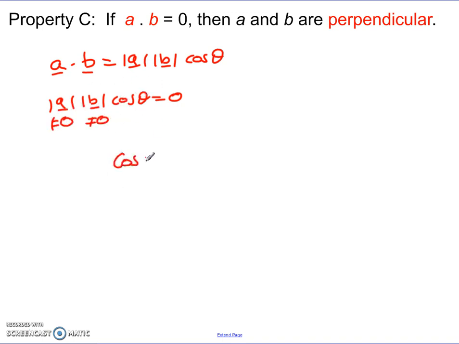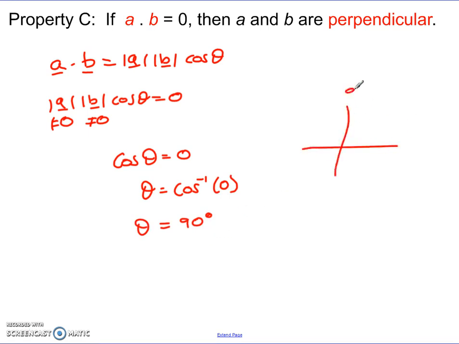So cos theta equals 0. I know then that theta is equal to cos minus 1 of 0, which we know is 90 degrees. So the angle between the two vectors is 90 degrees. So I'd have my vector A and my vector B, and they're perpendicular, i.e. there's a 90 degree angle between them.